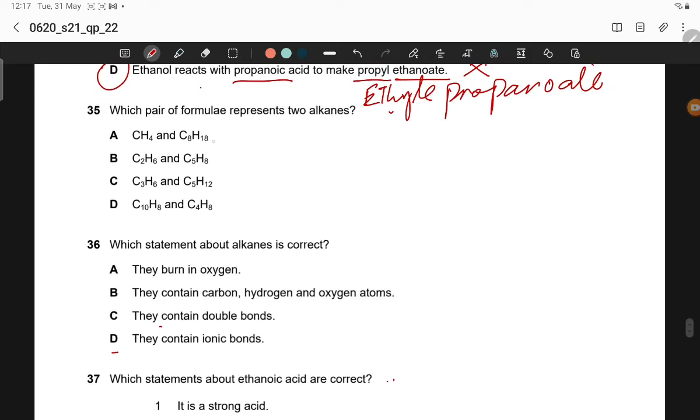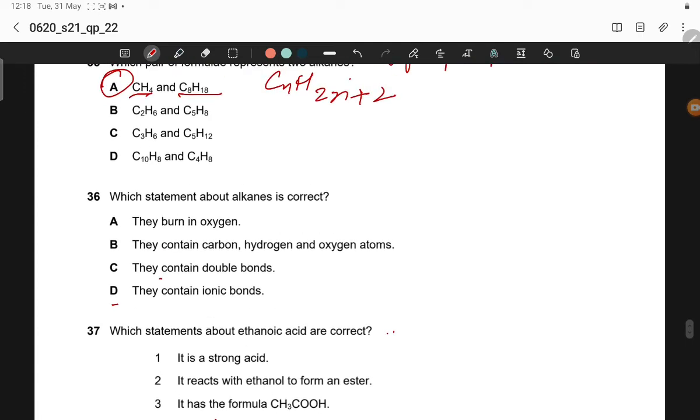35. Which pair of formulae represents two alkanes? CH4 is methane, C8H18 is also an alkane. Both compounds fit the formula CnH2n+2. So A must be correct. This is C2H6, ethane.